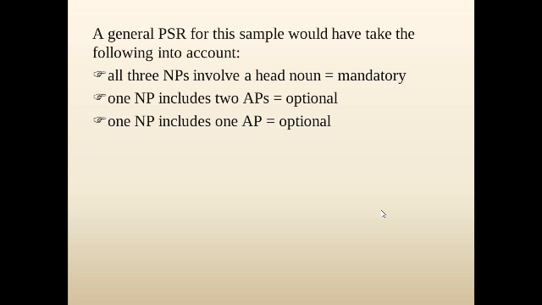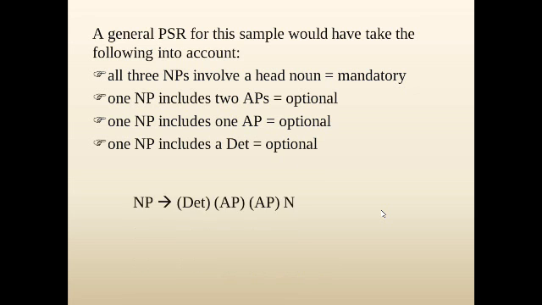Again, the fact that we only find it in one, not in all three, means that it's an optional component. And finally, again, in only one of the noun phrases in our sample, we find the determiner, suggesting that the determiner is also an optional component.